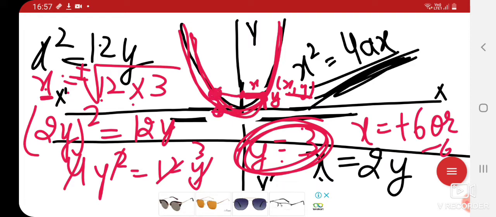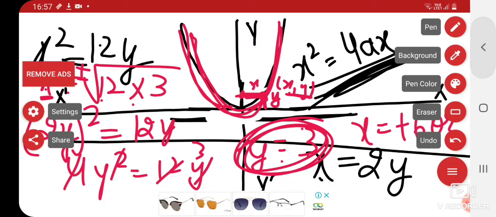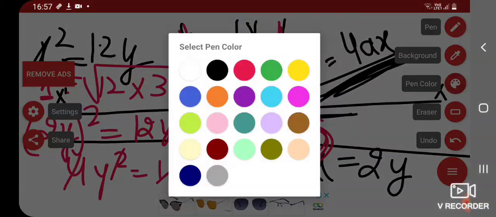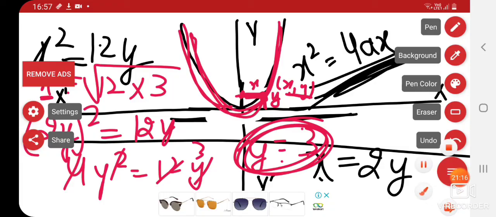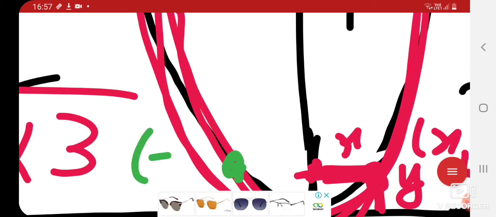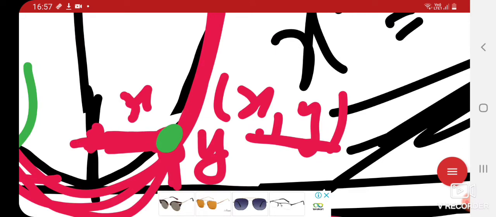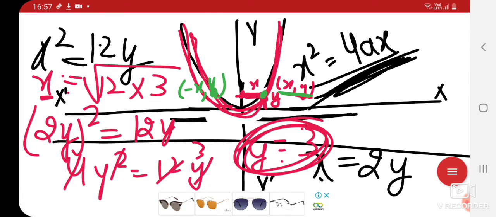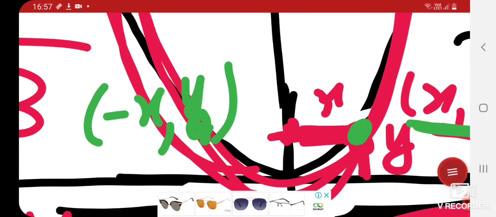That means that point can be this point, just highlighted with another color, the point where the x is minus x and y, and can be this point where the x is x and y, right?